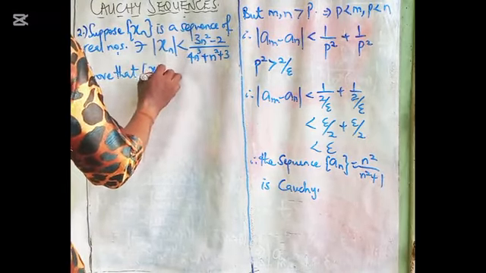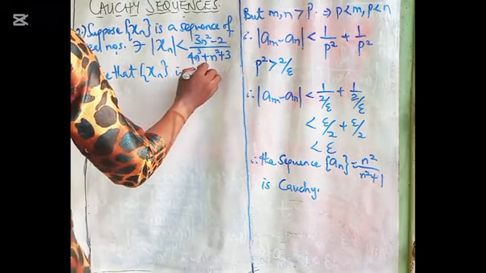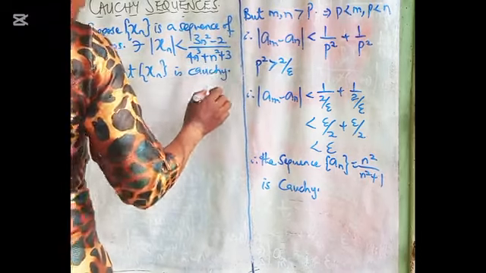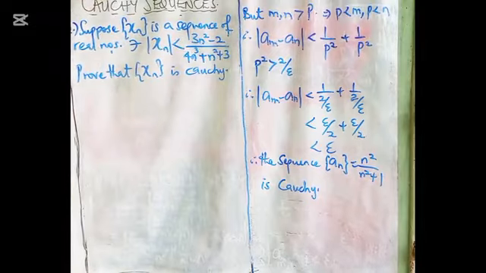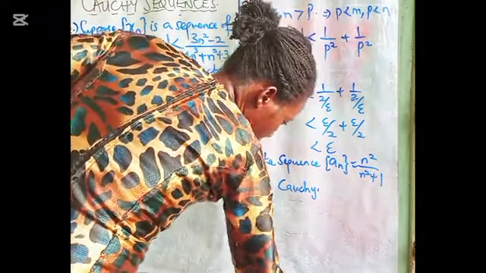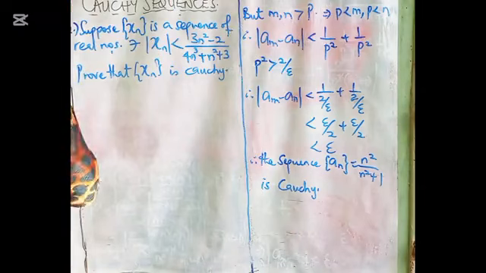Prove that x sub n is Cauchy. We want to prove that x sub n is Cauchy.